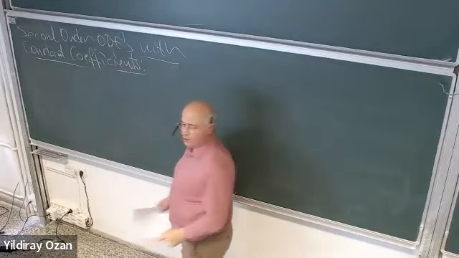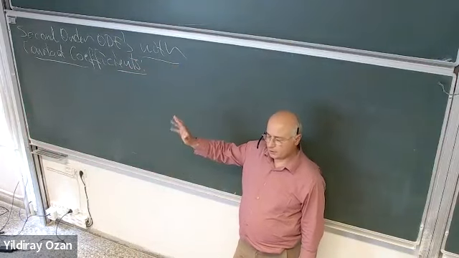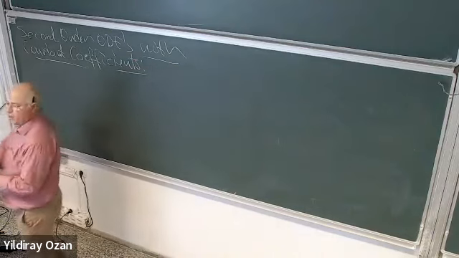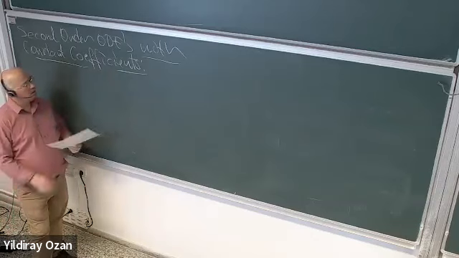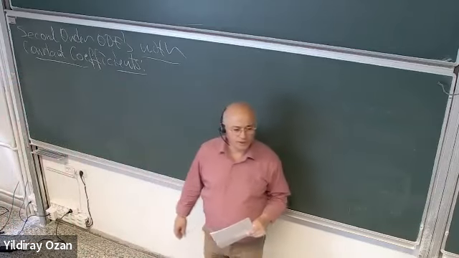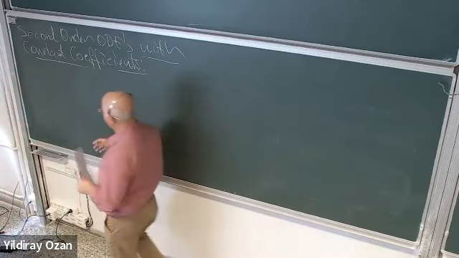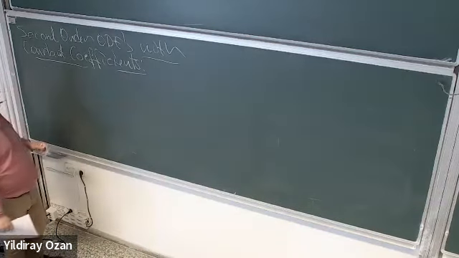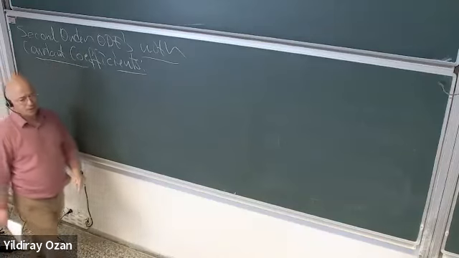So we have seen first order equations. Actually, we have seen only linear ones and separable ones. And the other type of ordinary differential equation which we will encounter most are the second order ordinary differential equations with constant coefficients.